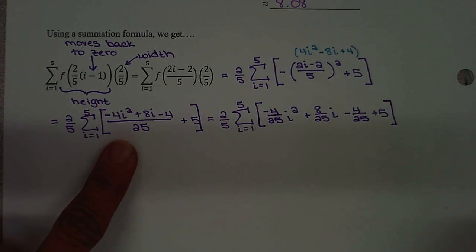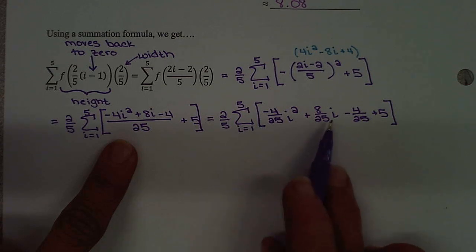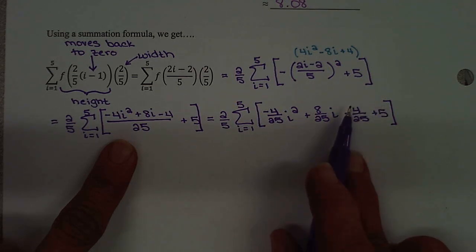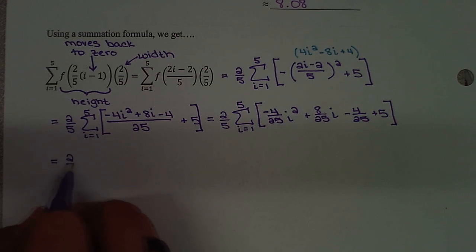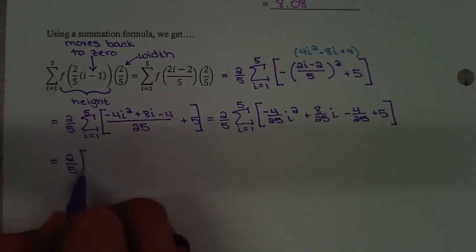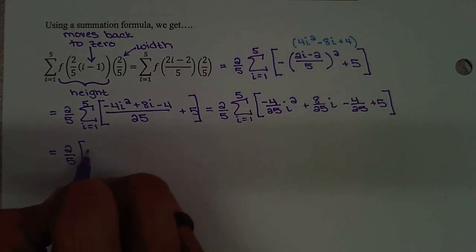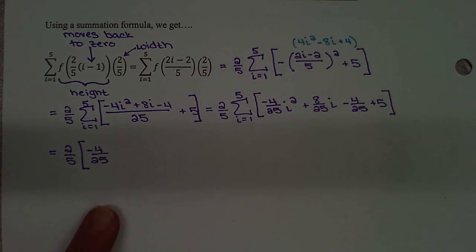So all of this is still inside that summation. Now I'm going to start doing my substitution for the i squared, for the i, and then with the constant that I get when I combine this negative 4/25 plus 5. The 2/5 is still out in front of everything. It's 2/5 times everything inside. So first I've got the negative 4/25, and now I'm going to replace what the i squared is.